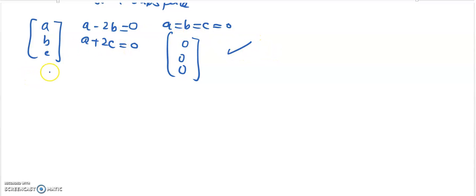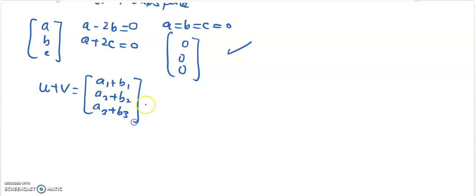How about the second condition? The second condition is U plus V is equal to A1 plus B1, A2 plus B2, A3 plus B3. Okay, but we need to see whether these conditions are met or not.